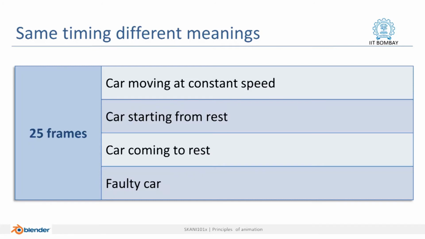For example, in a shot, I am moving a car from one position to another and I want to give different meanings but within 25 frames. How can I add that meaning into that moving car? I can use ease in, ease out and constant movement and give different meanings to it. So let us see how I can achieve that.